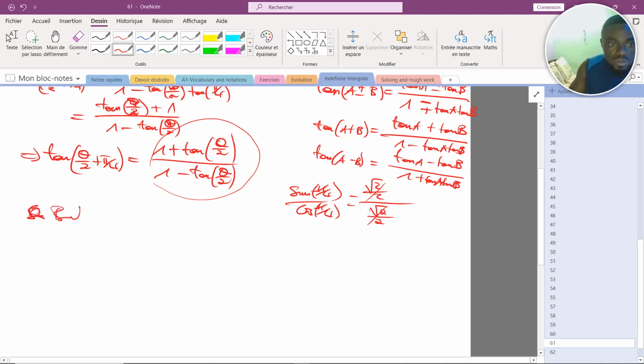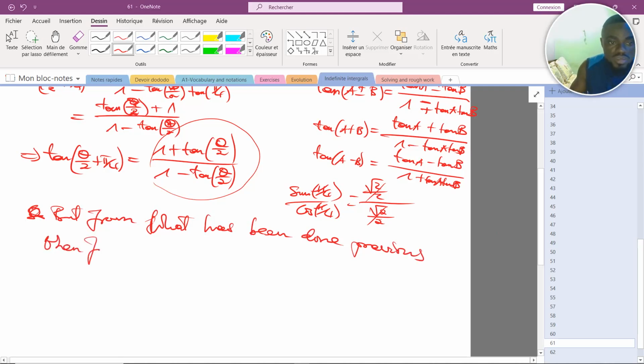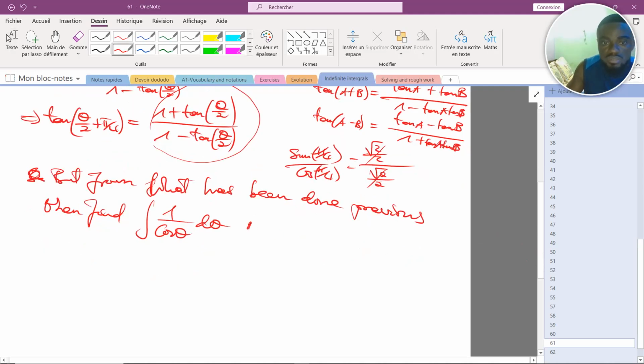from what has been done previously, when finding the integral of 1 on cos theta d theta, we had 1 plus tan(θ/2) all over 1 minus tan(θ/2).